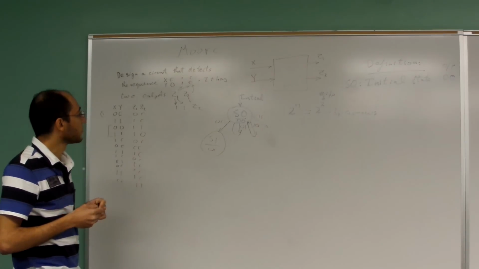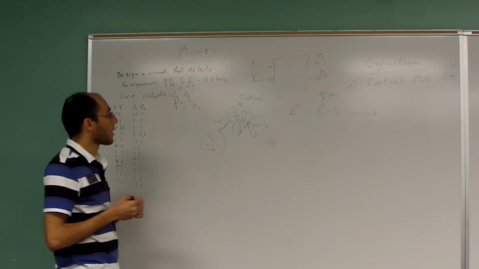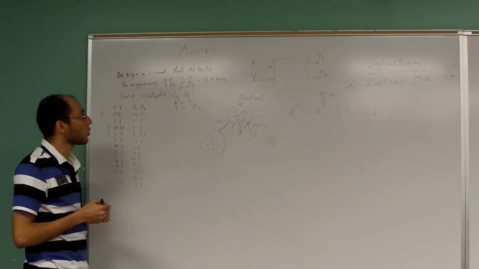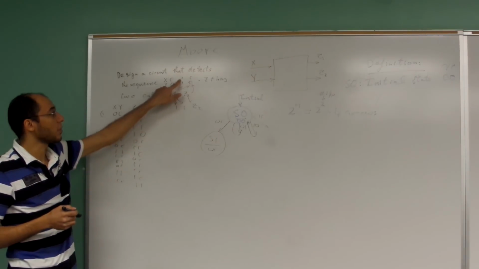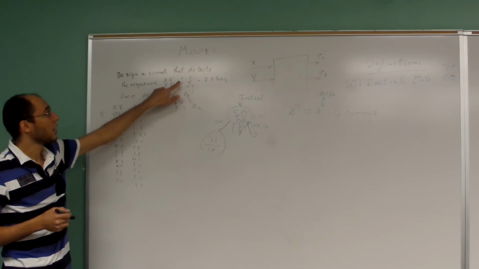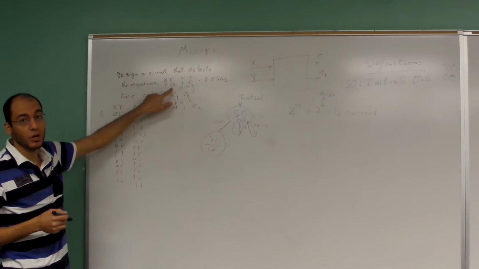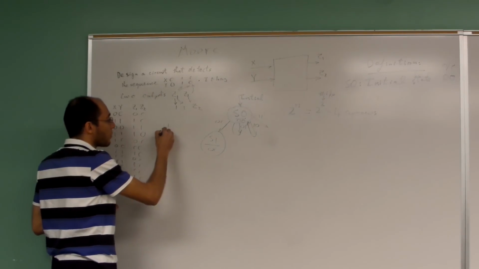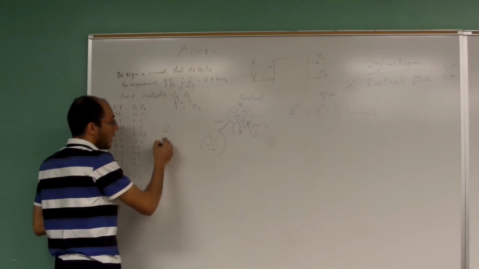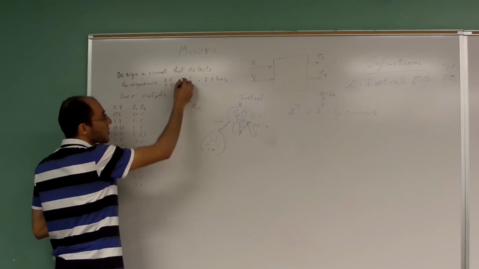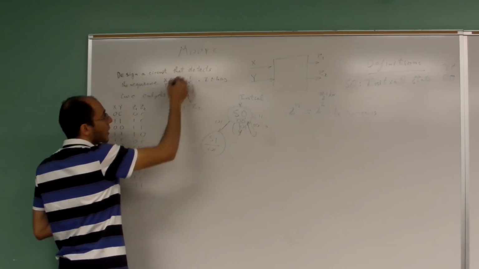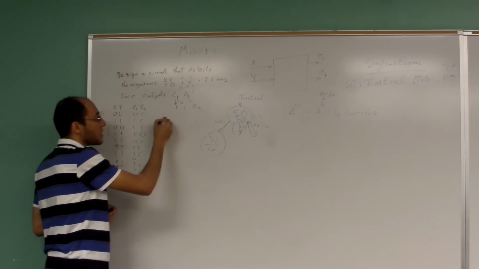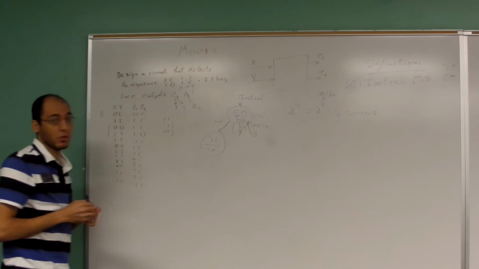So, what about the 1, 1? 1, 1 is a part of the sequence that I'm looking for, but it is not the very beginning of the sequence. So even if I received a 1, 1 followed by a 0, 0, yes, it is a part of the sequence, but I should not output a 1, neither on the Z1 nor on the Z2. Why? Because it is not preceded with 0, 0.